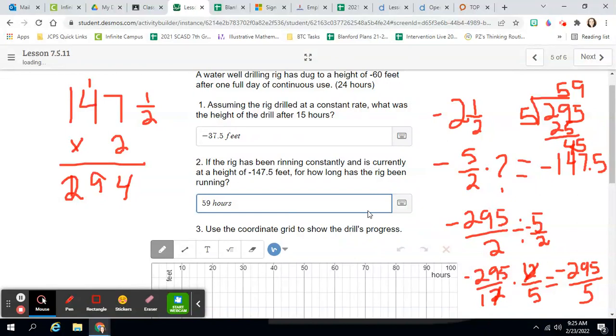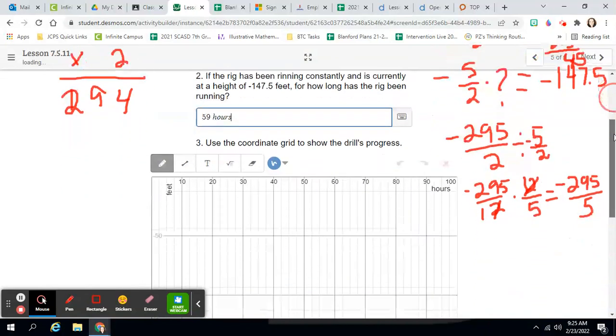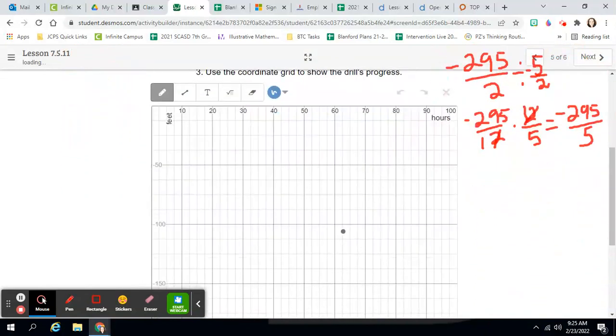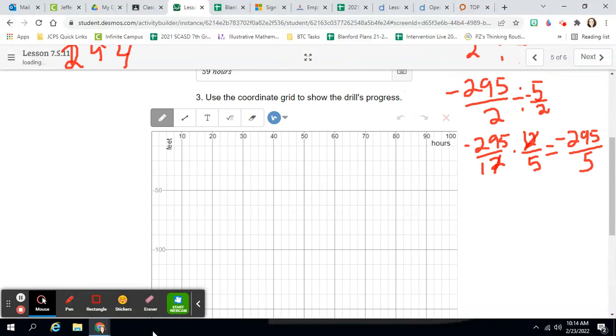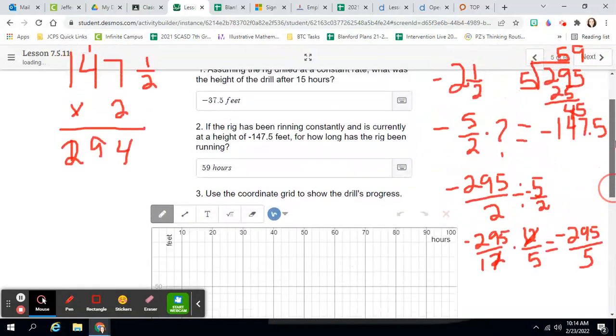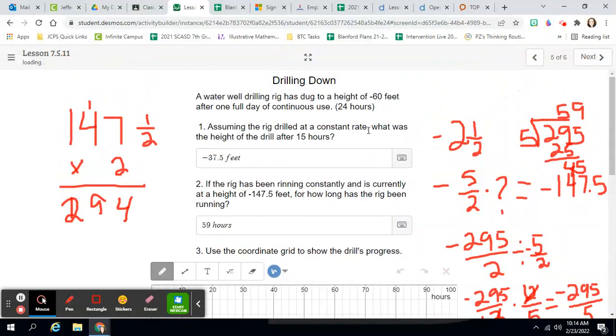And then finally, we have to use this grid to plot the points, and we will do that. The way I can use the coordinate grid to show the drill's progress is to just plot what is happening.